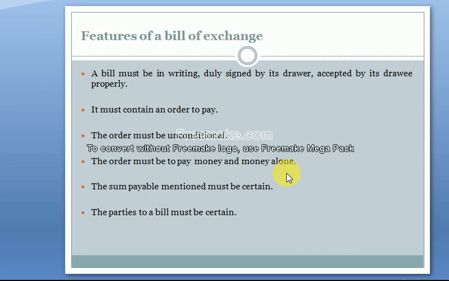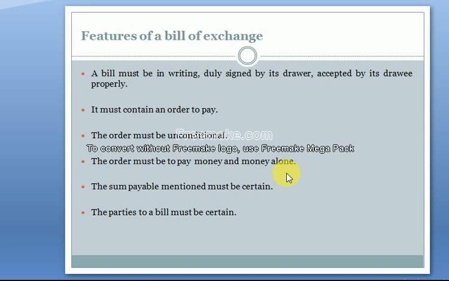But if I order my bank, where I have my bank account, to issue a bill of exchange to you, then that bill of exchange is called a bank draft. So one is a bank draft, one is a trade draft.